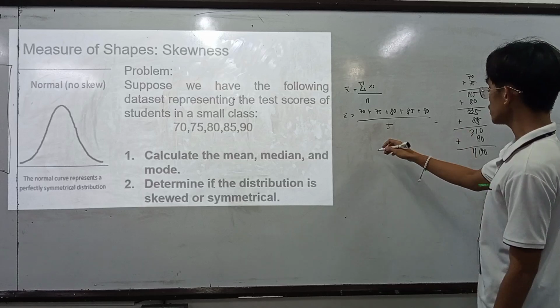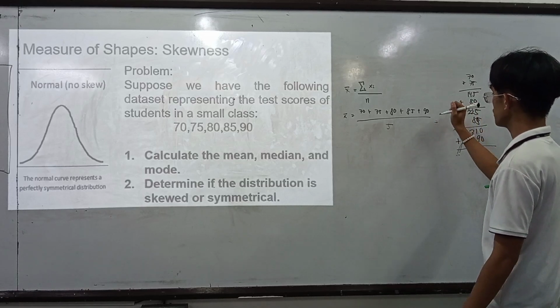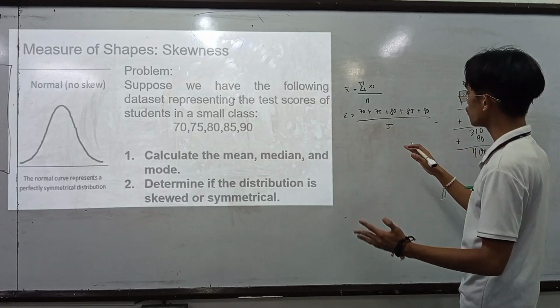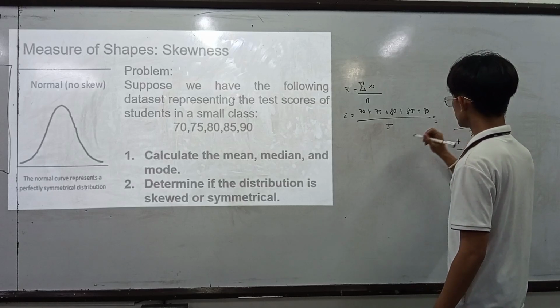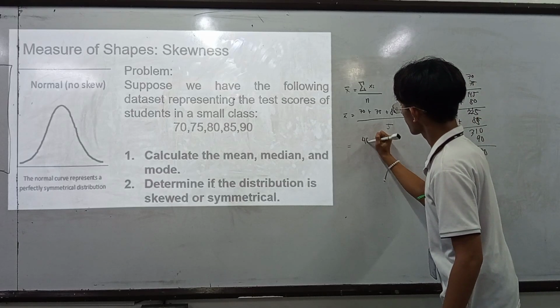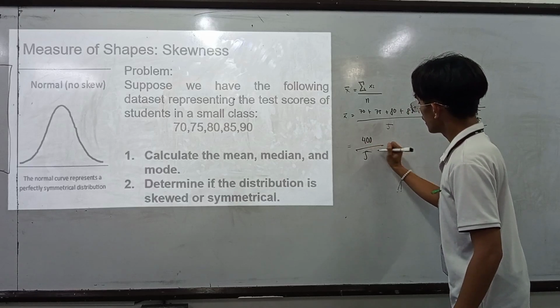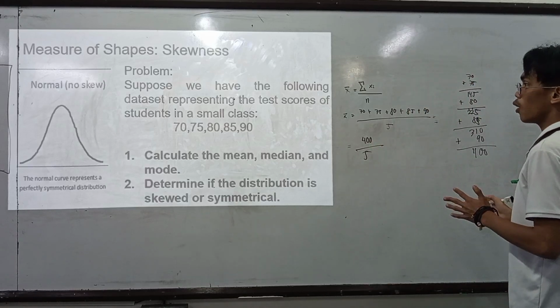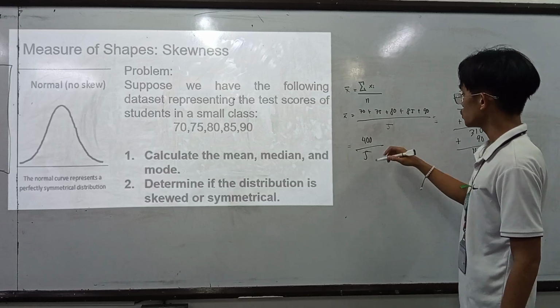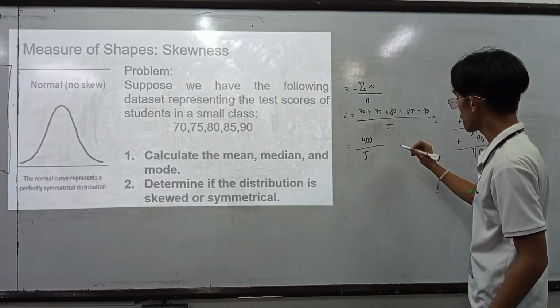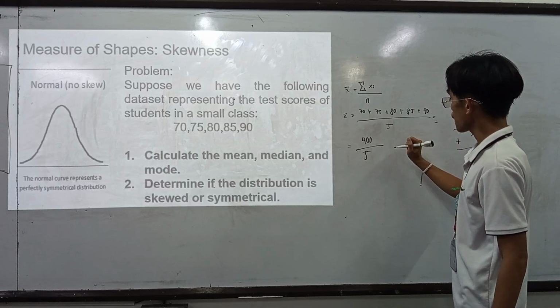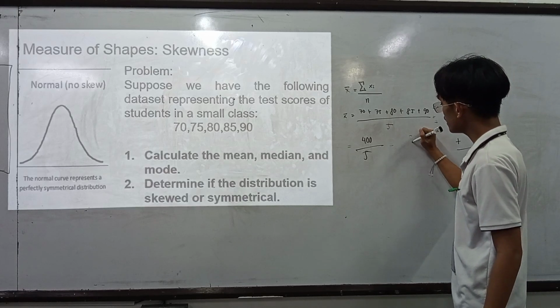Now we got the 400, which is the summation of all the values in the data set. Now, all we have to do is to divide the 400 by 5, and its answer will be 80.